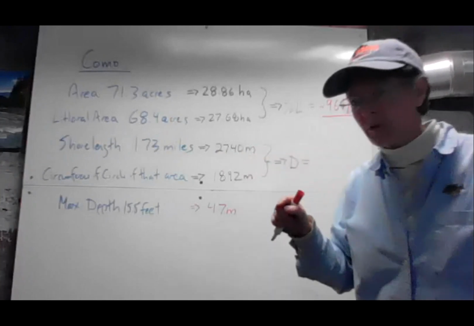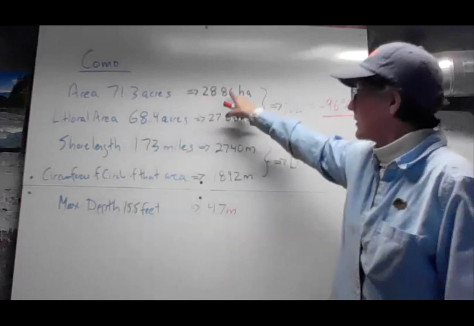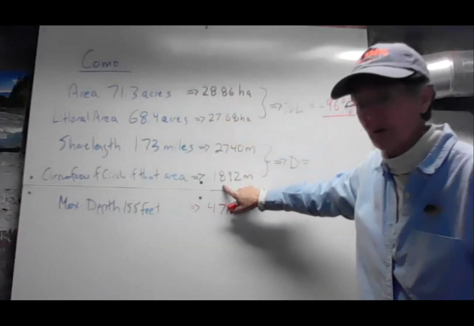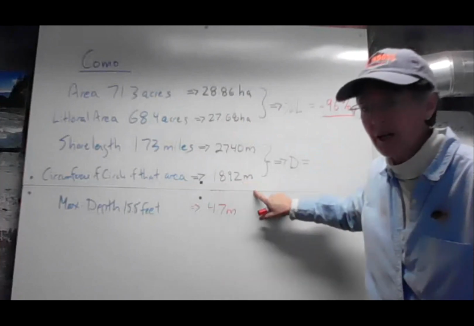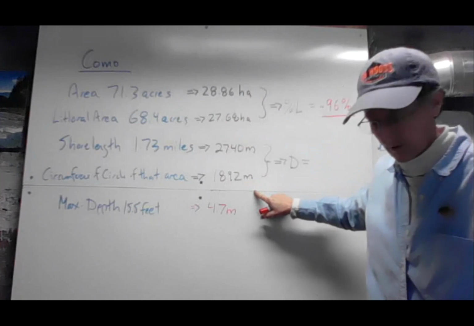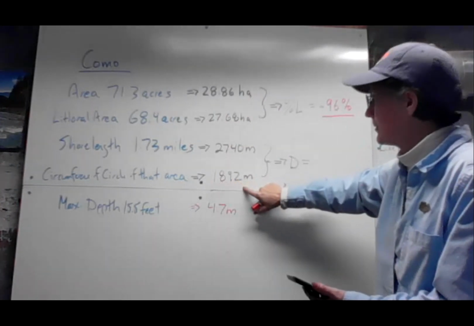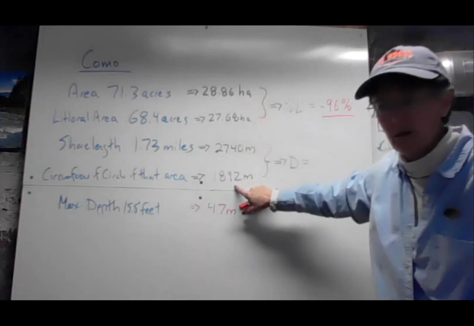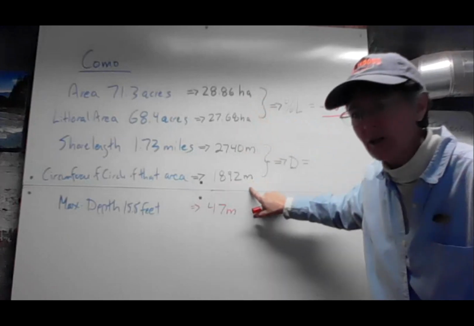Now the circumference of a circle of that area, if the area of the circle is this, I believe the circumference would be about 1.9 kilometers. I got 1892. Not sure I started with that number. I started with something close to that. Is that what people got? About 1.9 kilometers?